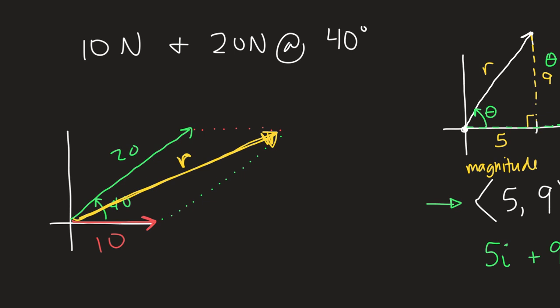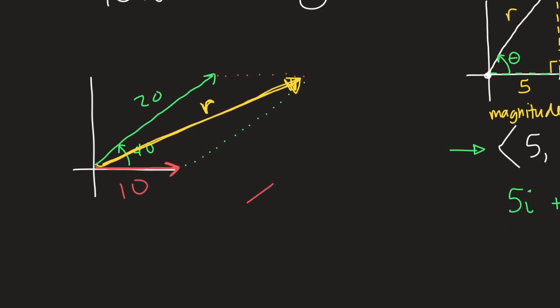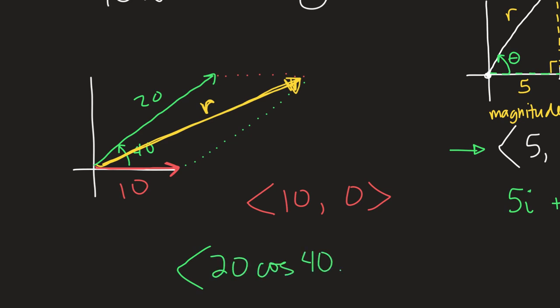What we did was leave one vector as the horizontal vector, <10, 0>, going directly 10 units to the right and 0 units in the y direction, and we changed the 20 into its component form. That was the magnitude times the cosine of the angle for the x, and the magnitude times the sine of the angle for the y.